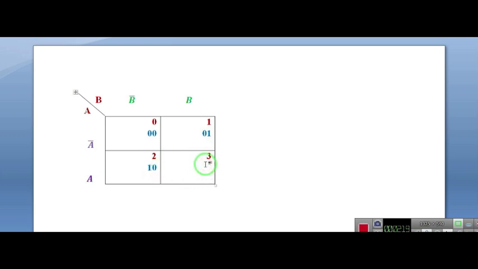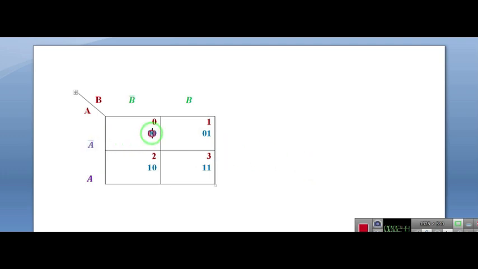Similarly, 3 can be written as 1 1. Here I have written the values 0, 1, 2, 3 in binary format, using only two positions. One more thing: 0 is used to represent the complement of a variable, and 1 is used to represent the variable.